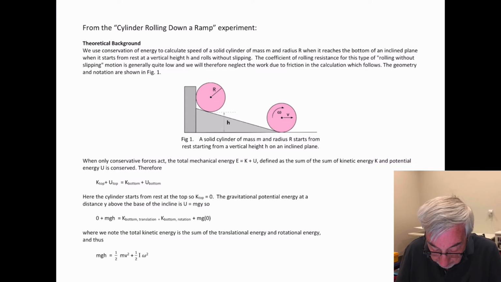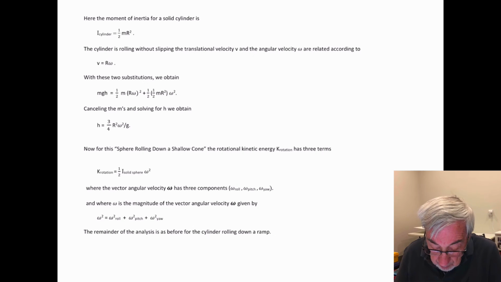At the top, the potential plus kinetic energy is just potential energy, mgh, and at the bottom, as the cylinder rolls without slipping, that potential energy, mgh, gets converted to 1/2 mv squared translational energy and 1/2 I omega squared rotational energy. The moment of inertia here of a cylinder is this, and rolling without slipping tells us that the translational velocity and the rotational velocity omega are related by v equals r omega.